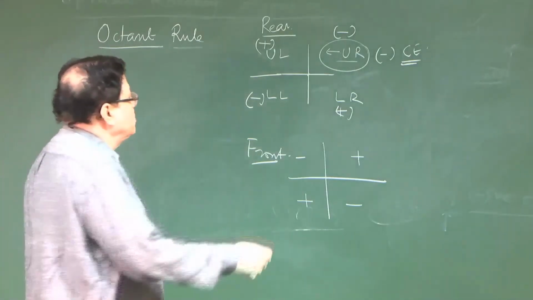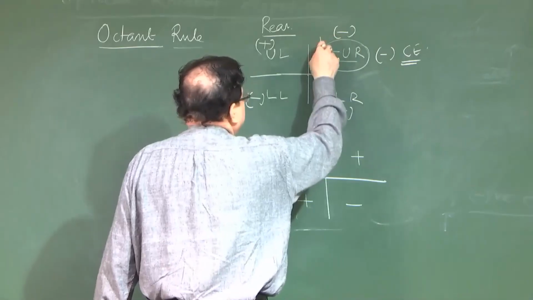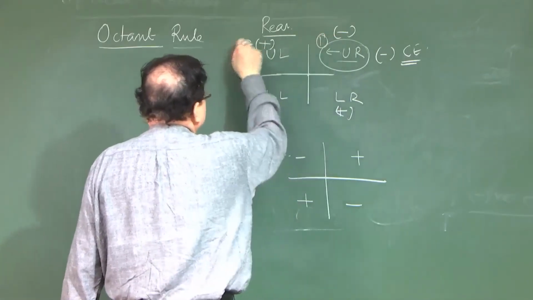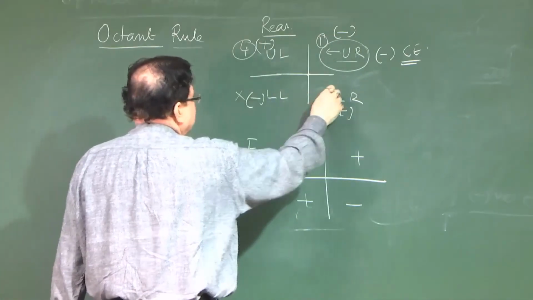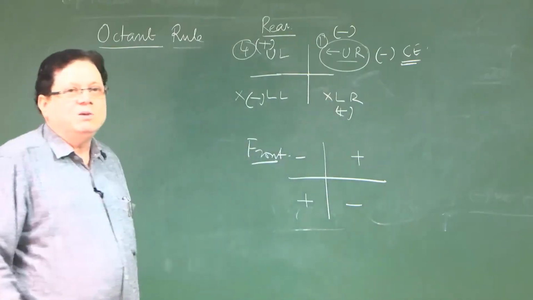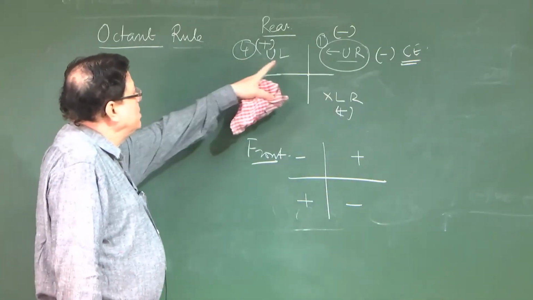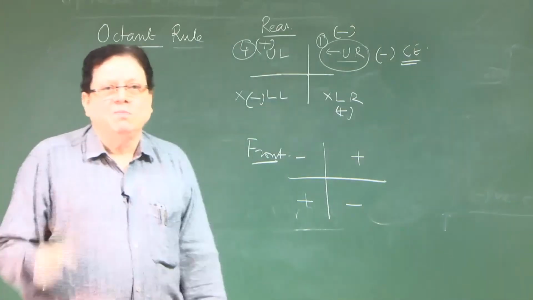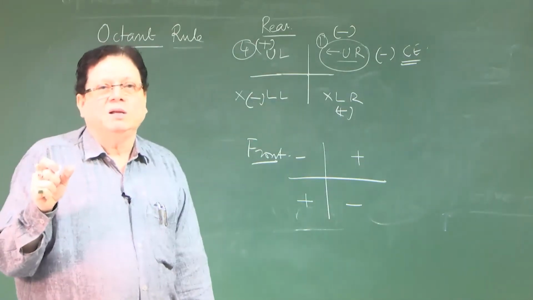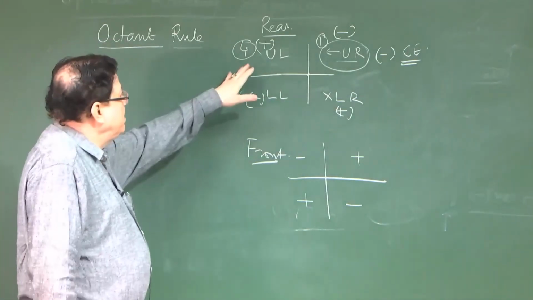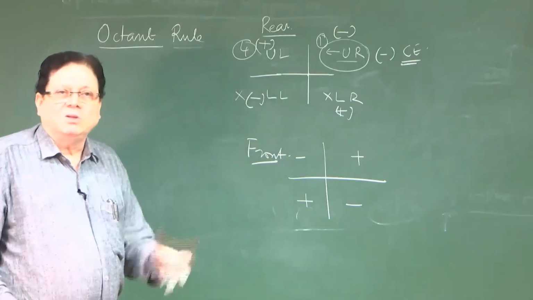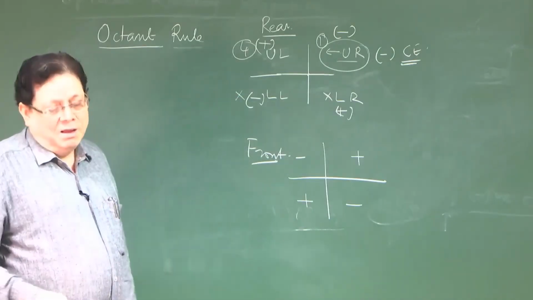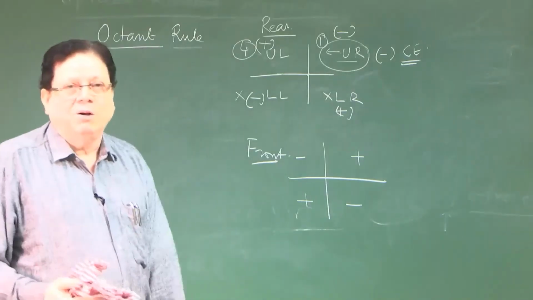Suppose there is only one substituent falling here, and there are 4 substituents falling here, with none here and none here. If that be the case, you can say that it will show a positive Cotton effect, because the major number of substituents are falling in the upper left of the rear octants. That way you can ultimately predict the overall sign of the Cotton effect.